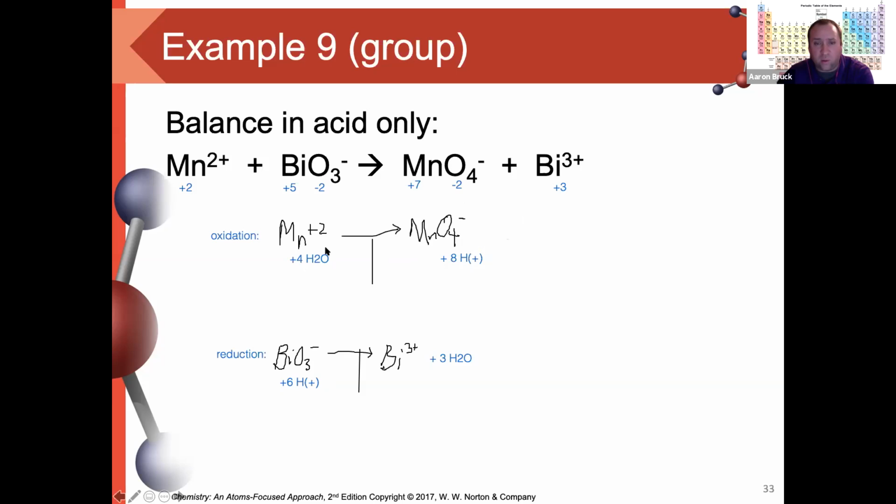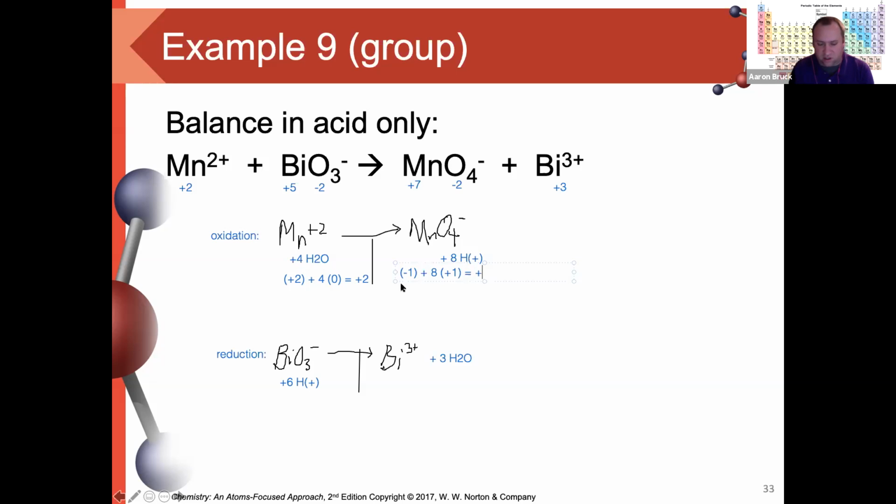Okay, so we're to the part where we're evaluating charge. On the reactant side, I've got a +2 charge from the manganese, and I've got 0 charge from the waters. So total charge on the reactant side is +2. On the product side, I've got a -1 from the permanganate and 8 positive ones from the hydrogen ions.